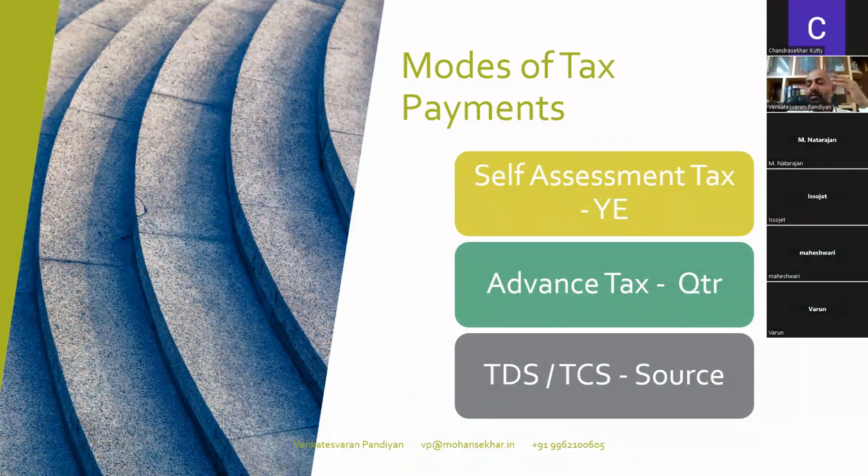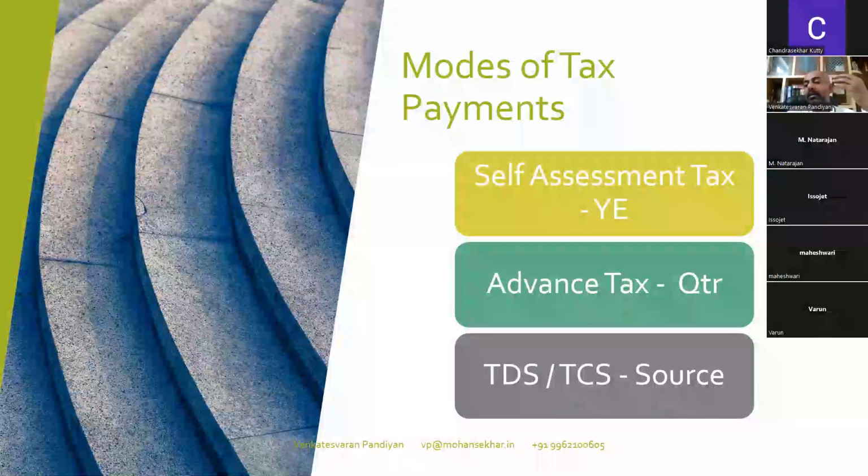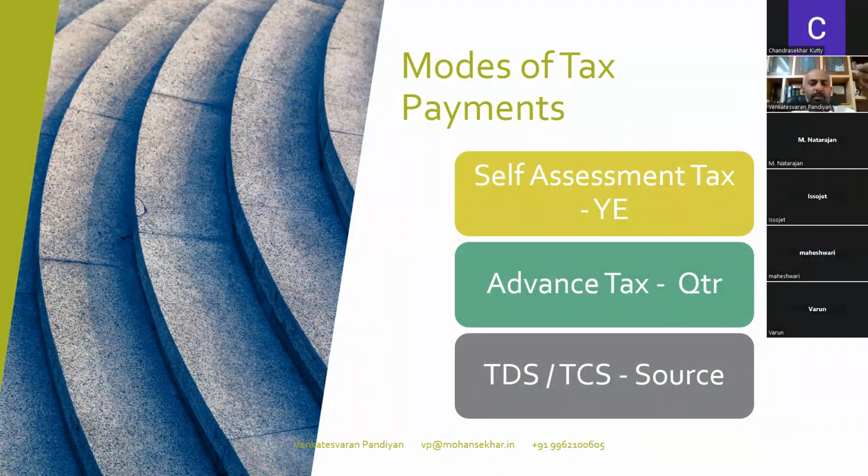So the total tax liability is spread over these 4 quarters and paid in installments, which is called advance tax or installment of tax, and they are normally paid close to the end of the quarter. For the first quarter, which closes on 30th of June, the tax is paid on 15th of June.